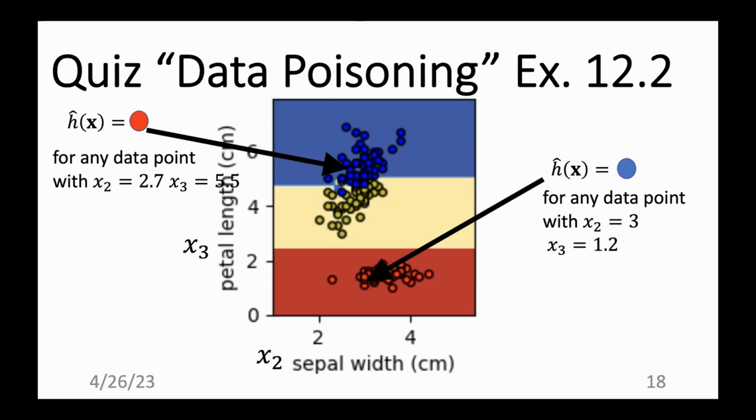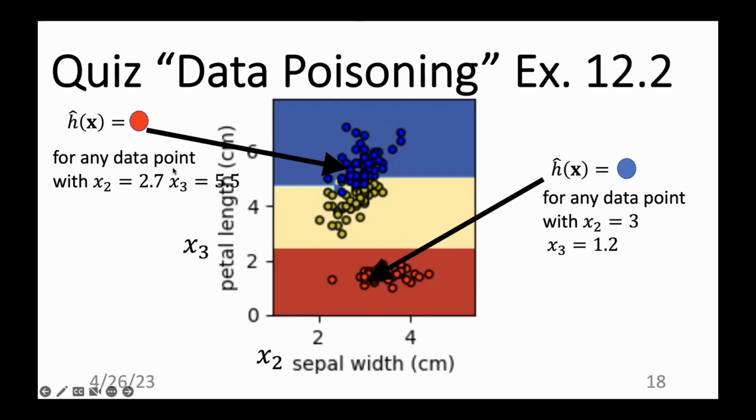But it should have two backdoors. One backdoor is the feature values x2 equal 3 and x3 equal 1.2. For this trigger pattern, it should always output, I think, label value 2. Virginica is the name of this label.